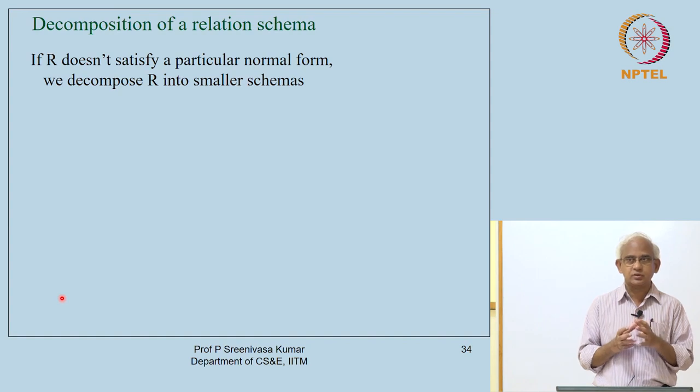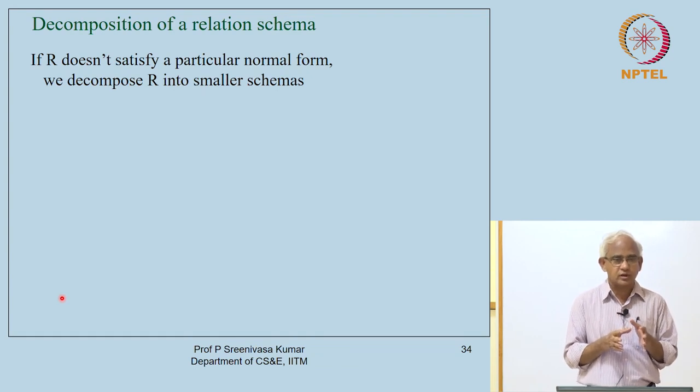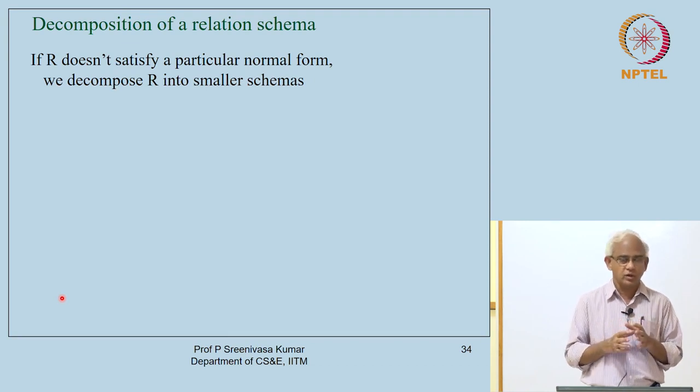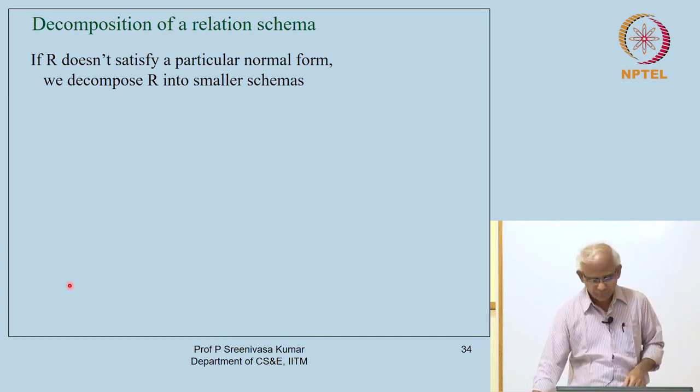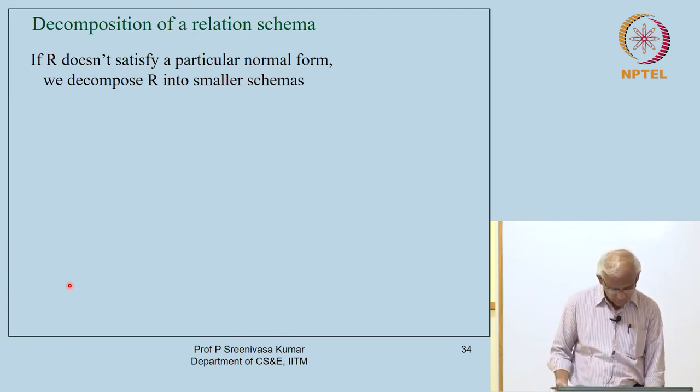These decompositions are important. We will realize during this lecture that taking arbitrary cuts of those relations and bringing them into two relations will not work. We have to look at certain properties before we can do that. Okay, so let us see what is the decomposition in the first place.